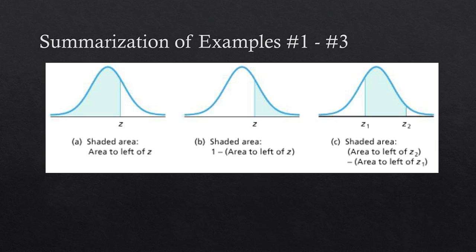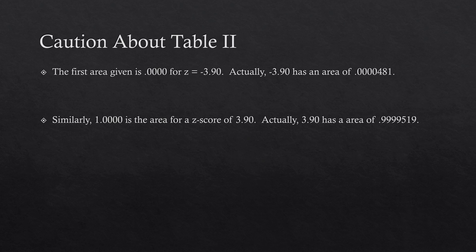Okay? Now here's the caution I would give you. The first area given is 0.0000 for negative 3.90. That's actually not the area, but these are all rounded to 4 decimal places. So be careful. Just realize that sometimes some of these may be exaggerated just a little bit.